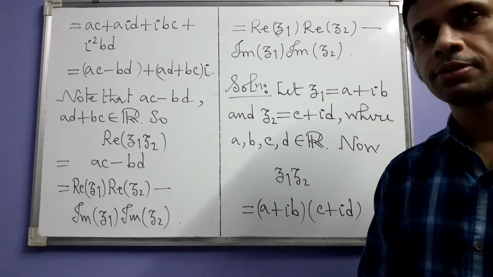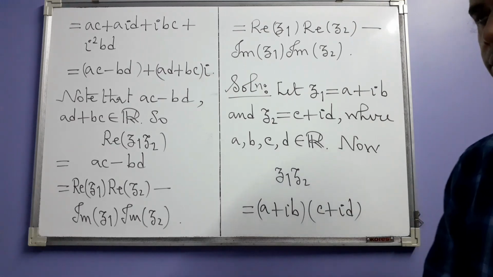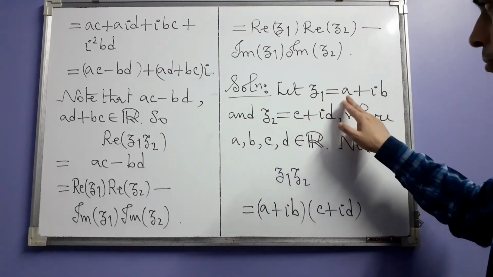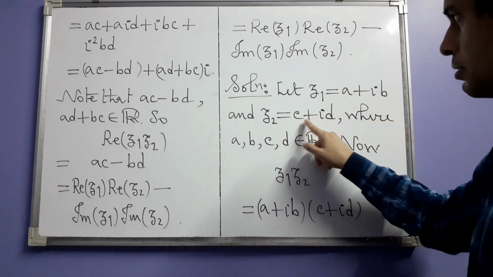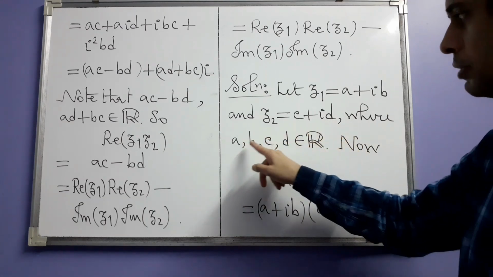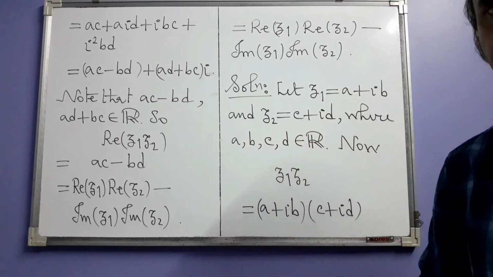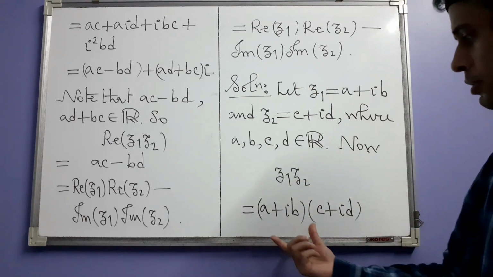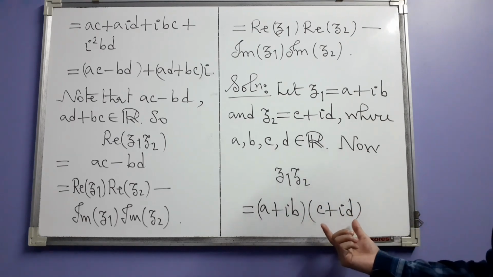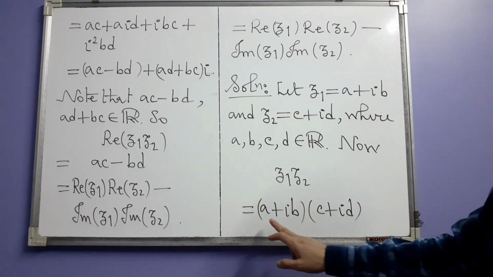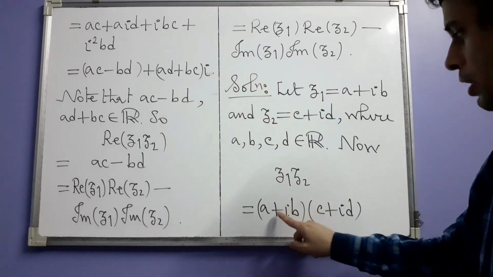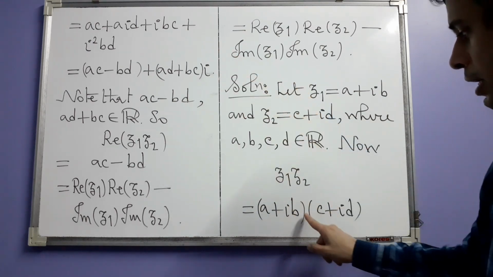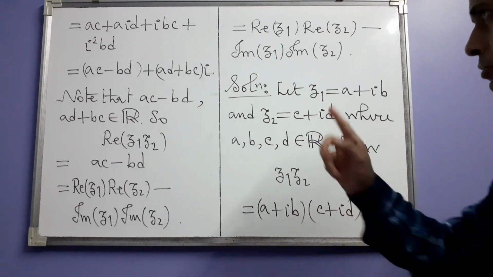So we start the solution with the standard forms of the complex numbers. Let z1 be a plus ib and z2 be c plus id, where a, b, c and d are real numbers. Then we just simply calculate z1 z2. So it is a plus ib times c plus id. If we do the multiplication, we get ac plus iad plus ibc plus i square bd.